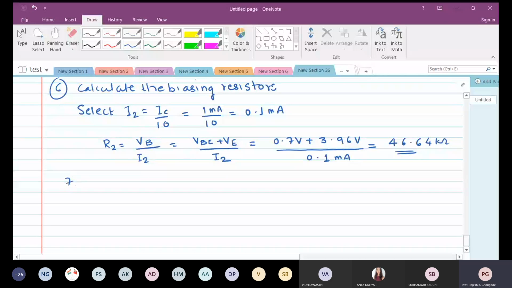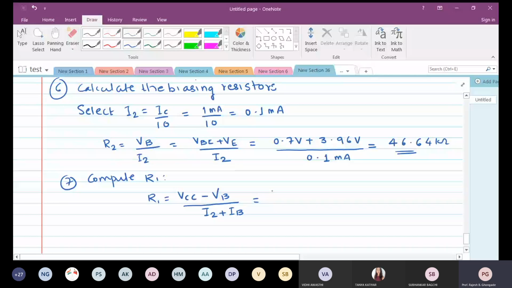Now, 7th step is to compute R1. How do you get R1? R1 is VCC minus VB divided by I2 plus IB. We will ignore IB. Okay, let us not ignore IB. Let us be accurate at this point of time. Let us not be approximate.